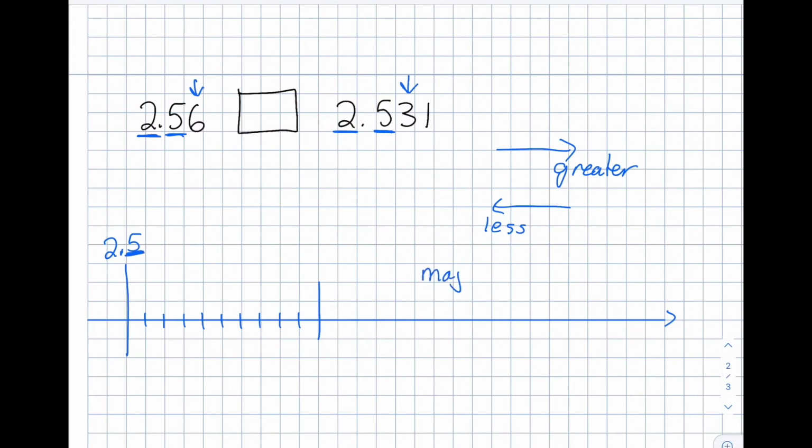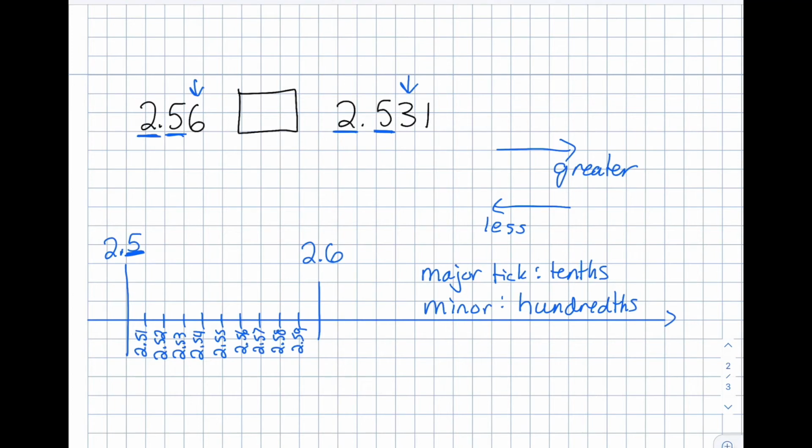My major tick is in tenths. So 2 and 5 tenths, the next tenth that I have is 2 and 6 tenths. Then I can fill in with my minors. My minors will be one place value over, so we'll have hundredths here: 2 and 51 hundredths, 2 and 52 hundredths, and so on.